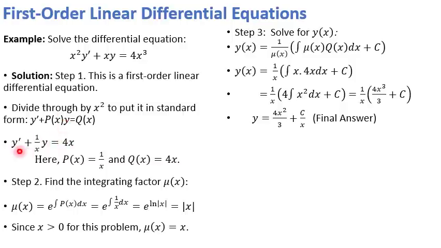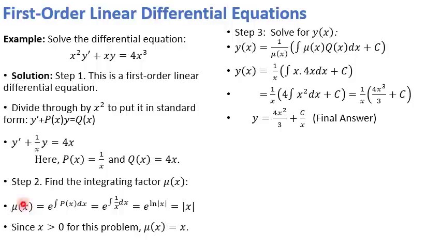Now here we can relate this resulting equation with the standard form, and in doing that, we can identify P of x. So P of x is 1 all over x, and Q of x is 4x. Following the identification of P of x and Q of x, we can move on to the next step, which is to find the integrating factor mu of x.